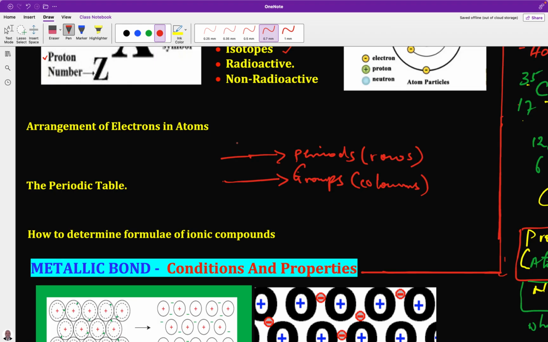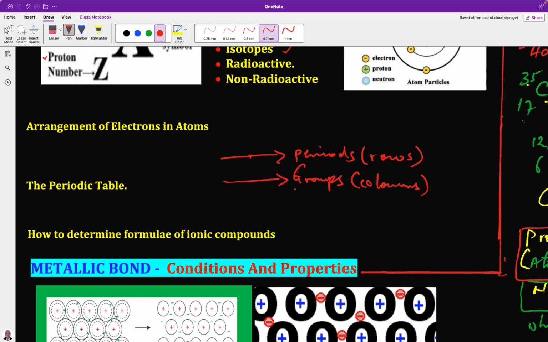As you move across the period, there is an increase in the proton number by 1. As you go down the group, there is an increase in the proton number by 8.